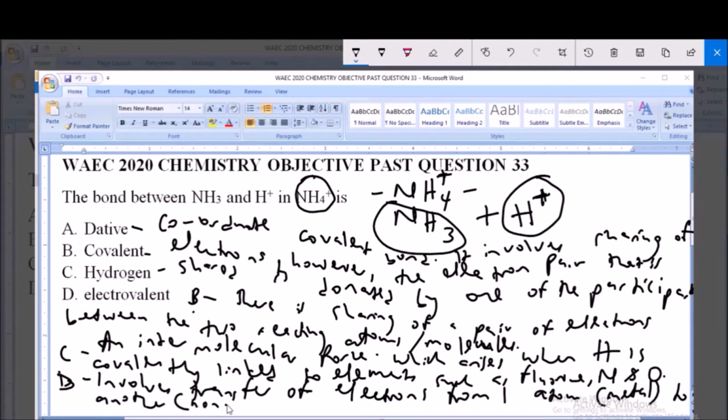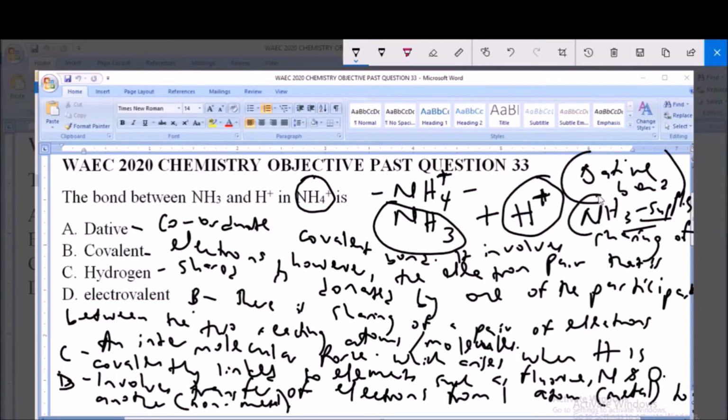So going back to this combination between ammonia and hydrogen ion, the bond involved is a dative bond. This is based on the fact that the ammonia molecule supplies the electron pair that is used in the reaction.